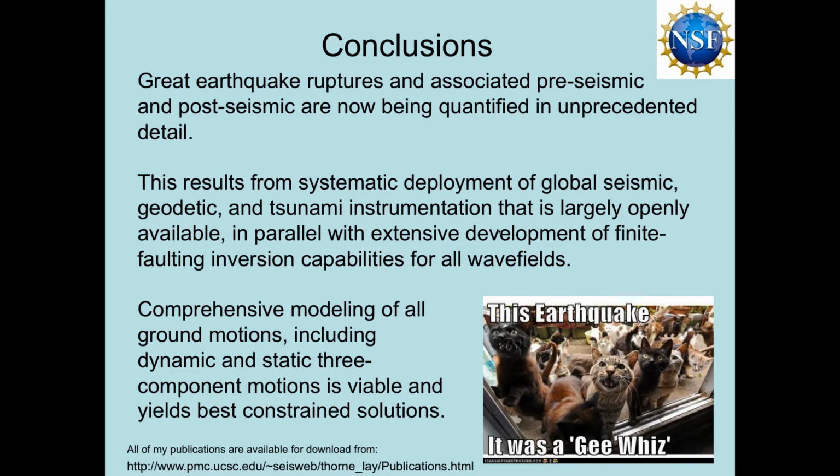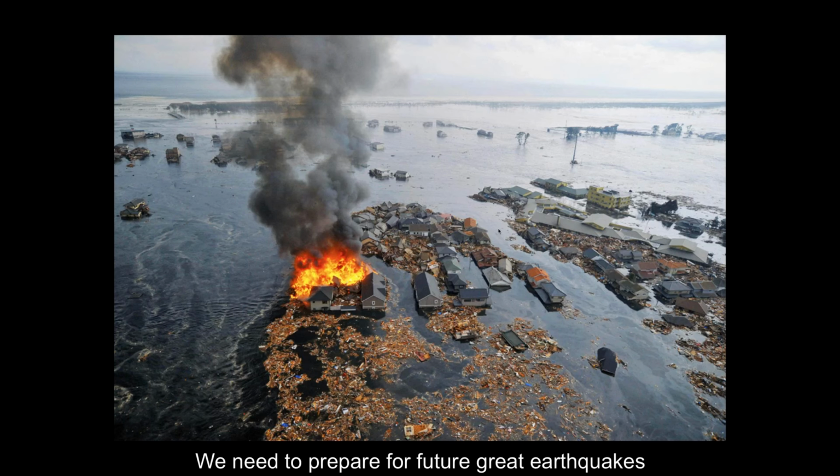Here's a question from Robert Watts, and he asks, is there any relationship between the location of great earthquakes and the subduction rate where they occur? Well, there's a significant variation in the subduction rates amongst the regions that have had great earthquakes recently.